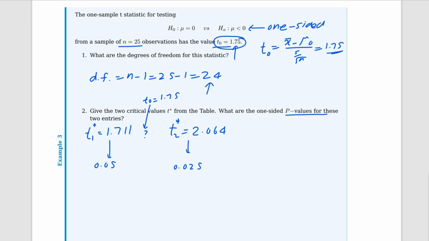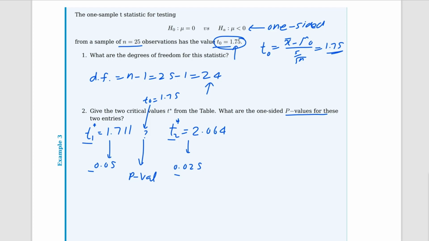Therefore, we have two critical values and two p-values. Then the p-value we are looking for should be in between these two. Understand that one? The p-value corresponding to T naught should be in between these two p-values.